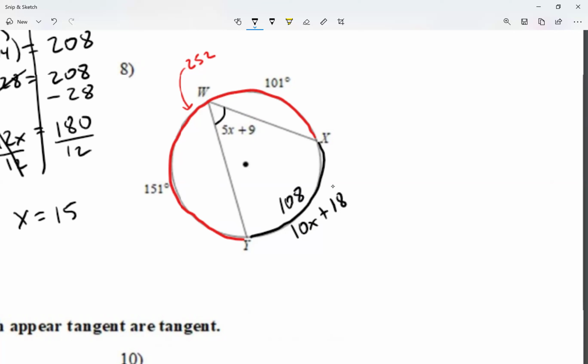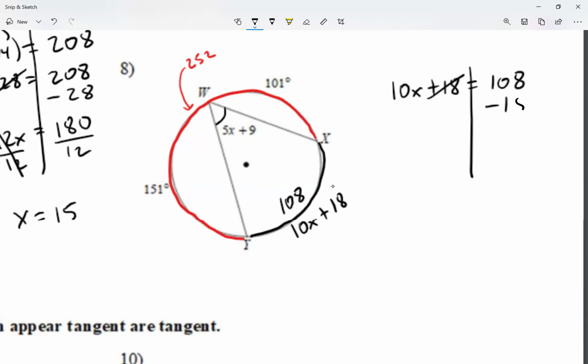So wait a minute, I know that black arc is 10x plus 18, but I also know the black arc is 108. I know two measurements for that arc. So shouldn't I just let them equal each other? So I'm just going to say 10x plus 18 is equal to 108. Okay, let me separate them at the equal sign. This plus 18, let me move it over as a minus 18.